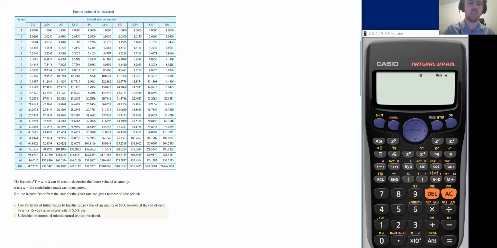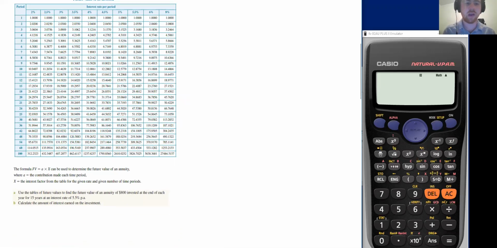Okay, so we can just use the formula future value equals A times X. So A is the contribution made each time period. So let's say you're adding $100 each month, that would be your A. And then X would be the interest factor that you find from the table. So that depends on the number of periods as well as the period interest rate.